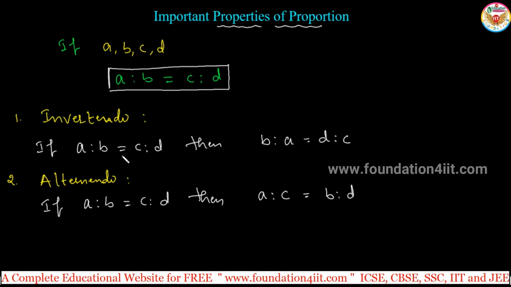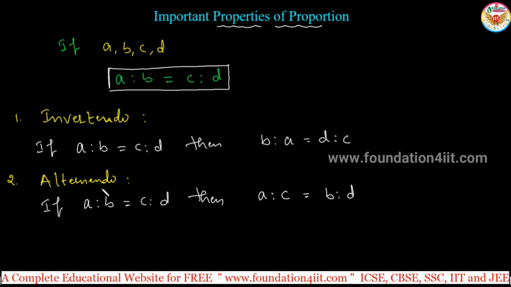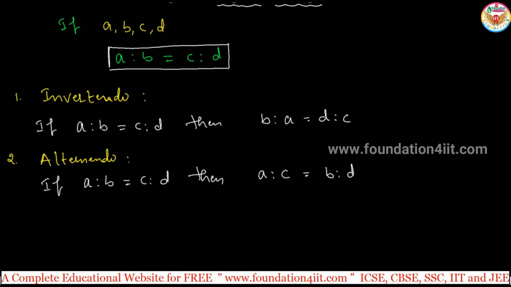If this exists, this also will exist. That means invertendo, just remember according to the word, is easy. Just invert, reverse it, change the position, reciprocal. And alternando is antecedent with antecedent, join, make one ratio, other two.